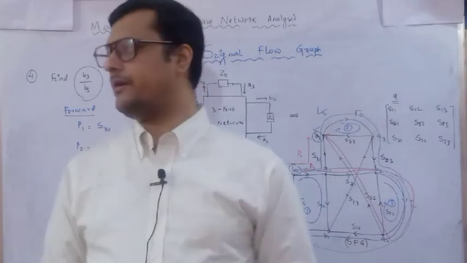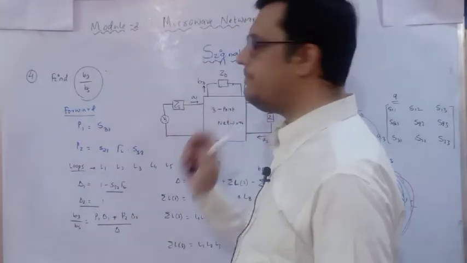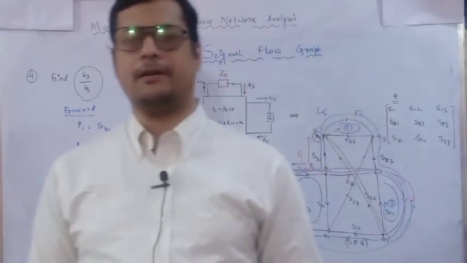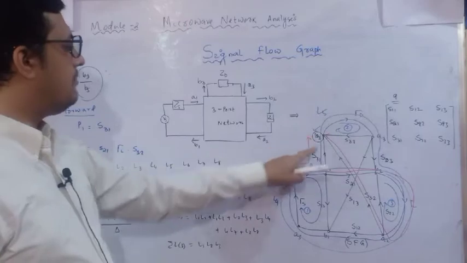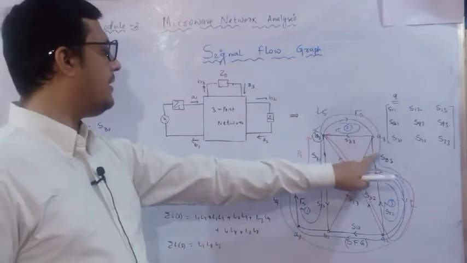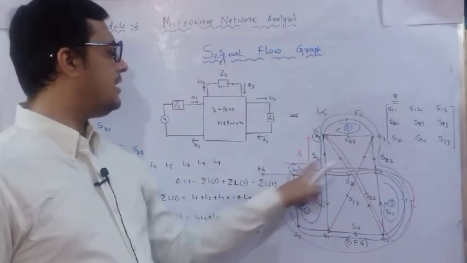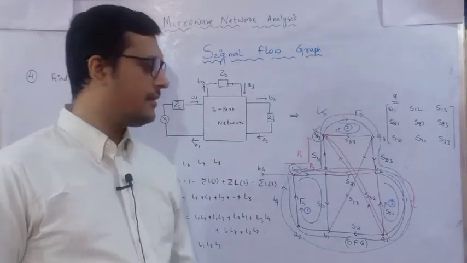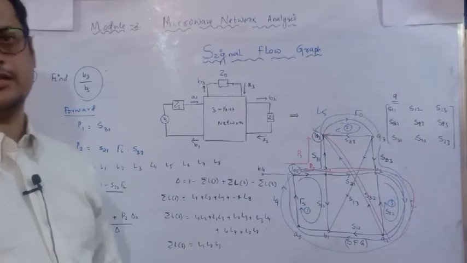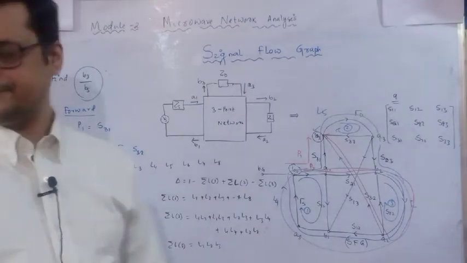Here I have identified it with respect to B3 and Bs. You can identify it with respect to B2 and Bs, or B3 with respect to Bs. Similarly, you can identify the relation with respect to A3 and Bs as per the requirement of the given question. So this is one sort of question. We will take one more question.